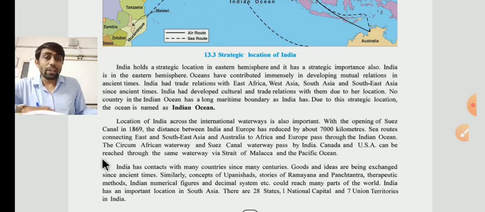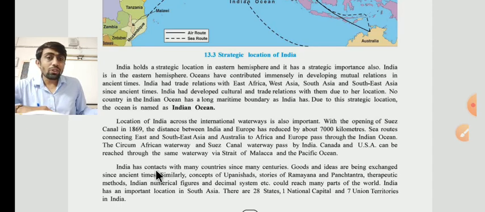Canada and the USA can be reached through the same waterways. It means Canada and the USA are also reached through the same waterways via the Strait of Malacca and the Pacific Ocean, and they get the benefit.